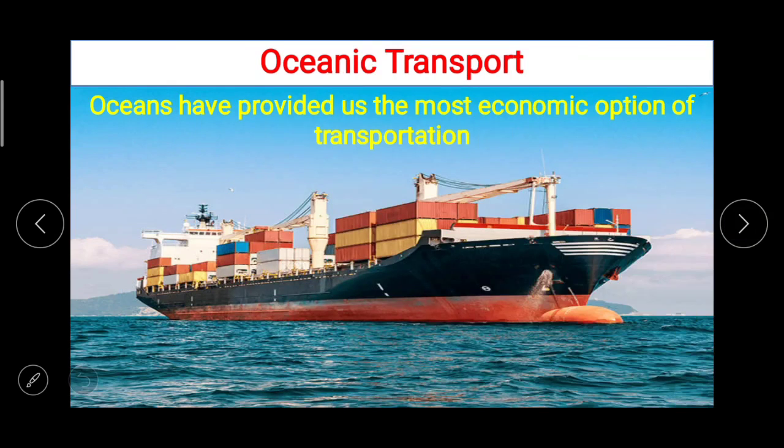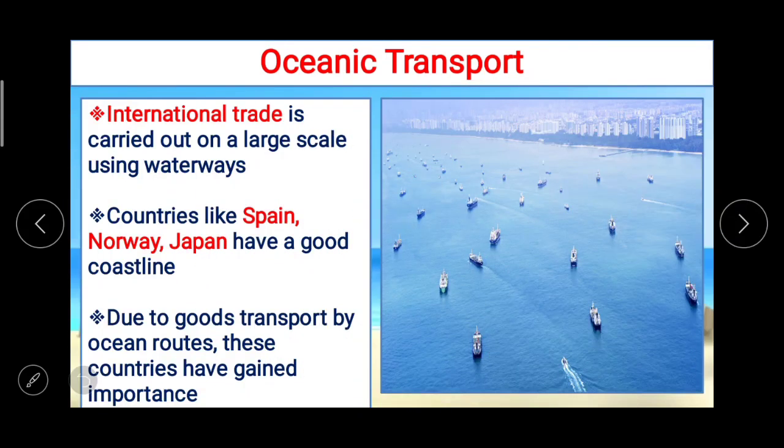Then the next thing, oceanic transport. Oceans have provided us the most economic option of transportation. Large scale transport of goods is carried out with the help of ships, trawlers, boats, etc. And international trade is carried out on a large scale using waterways.